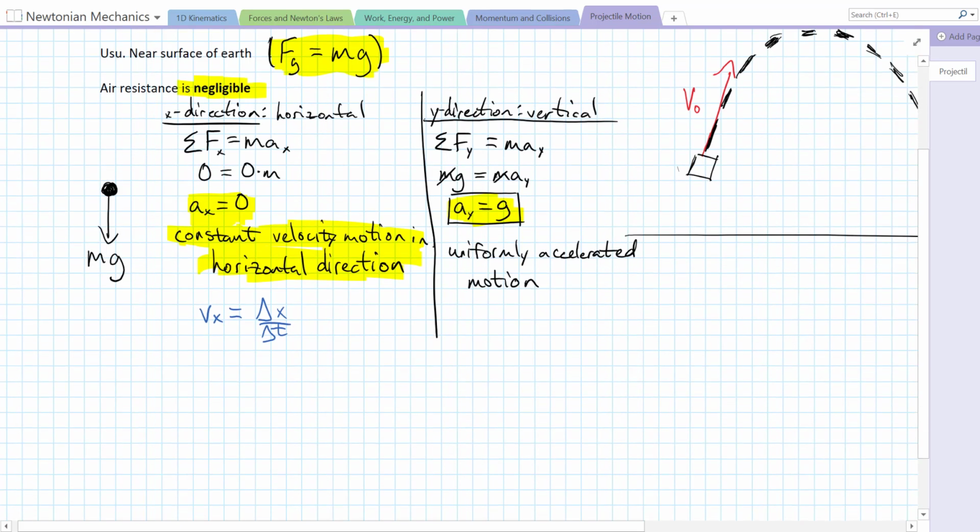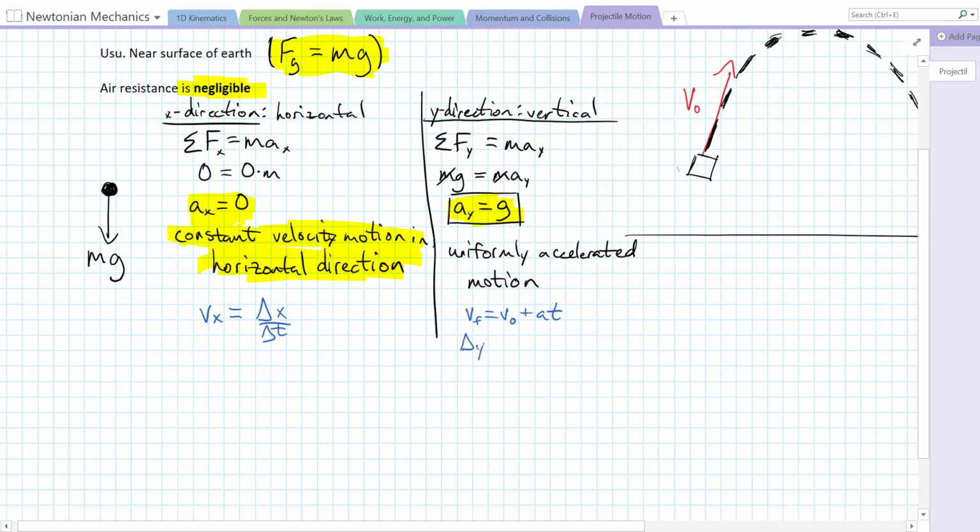Now, if we have uniformly accelerated motion, we can just use our kinematics equations that we've always used. We're going to use them in the y direction. There are 5 possible kinematics equations, but I'm just going to write down the 3 most important. V final equals V initial plus AT.